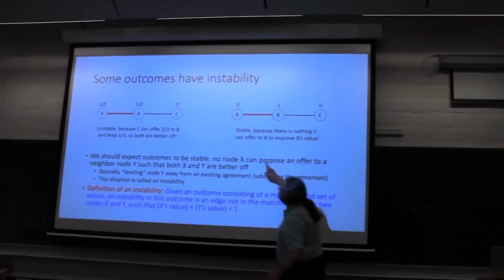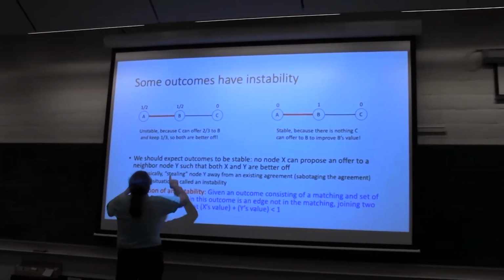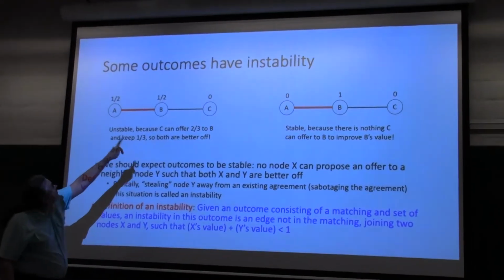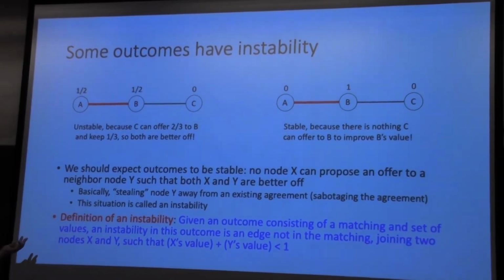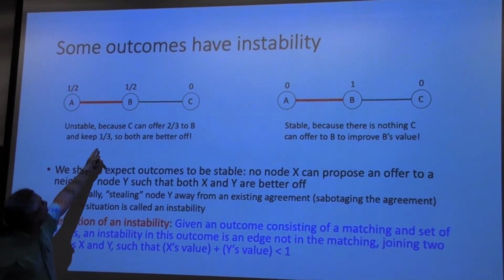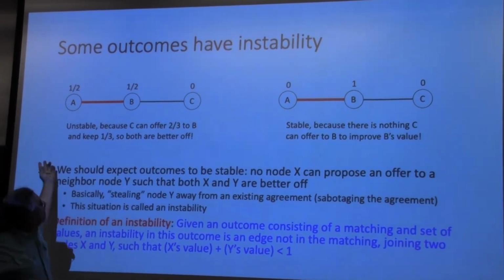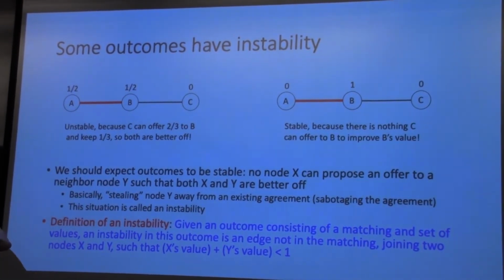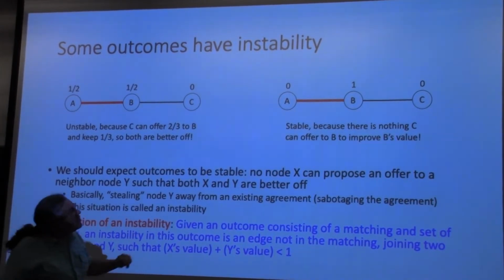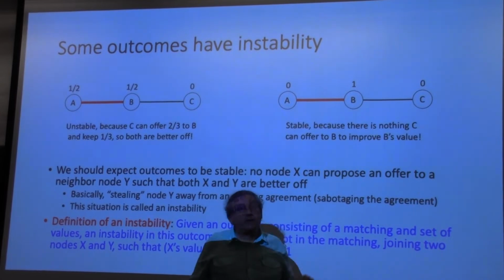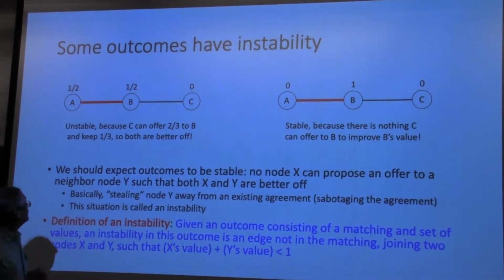So here we compare the 2 I just mentioned. In the left one, C can offer 2/3 to B. That's more than what B is getting, and keep 1/3 for himself. They're both better. So why should B agree with A if it's better with C? So that's unstable. Whereas on the right, C can do nothing to improve B's result.